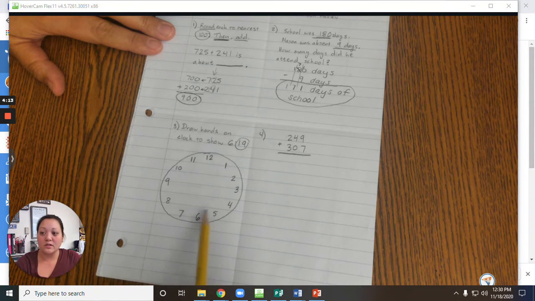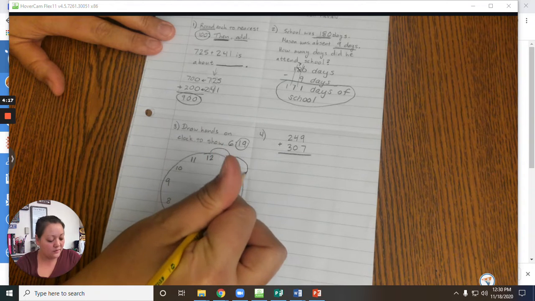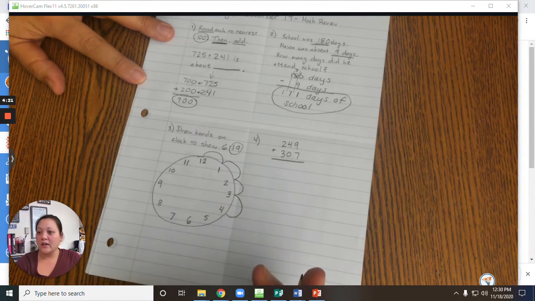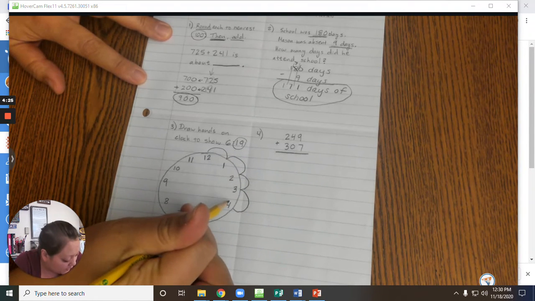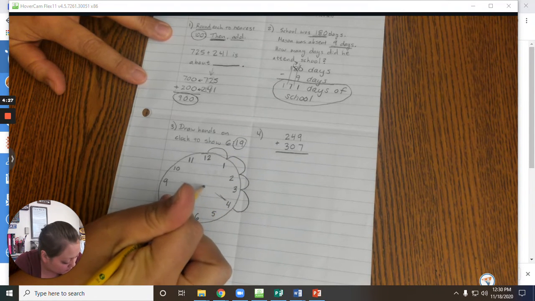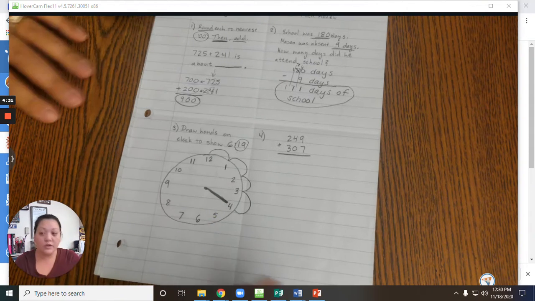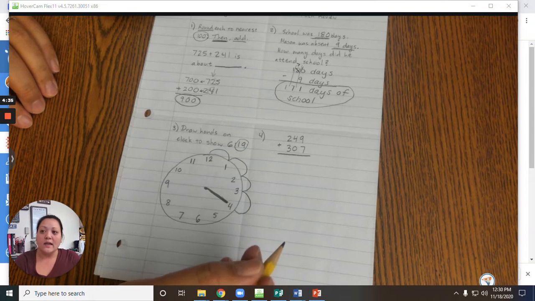That's because the big numbers are talking about the hours. So I'm going to go 5, 10, 15, 20, and I know that 19 is really close to 20, so my long hand, I'm going to put a center right here, my long hand for the minutes is going to be really close to 20, so almost there but not quite.